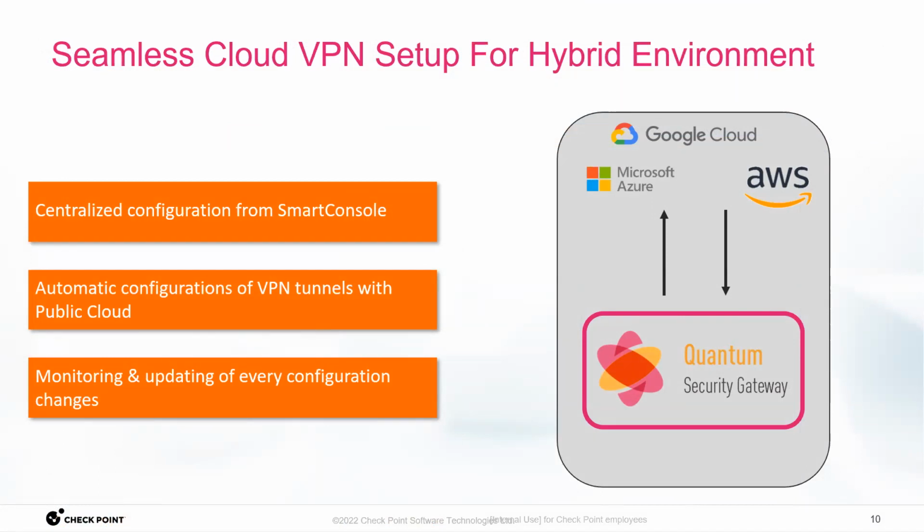Before R81.20, it was a very long and complex procedure to create this VPN connectivity between Checkpoint and the cloud third party. Actually, it was around 25 steps and needed to be configured in 3 places on the Checkpoint side: the Smart Console, the Clish, and the Gaia Web UI.